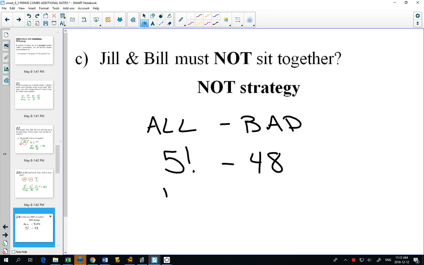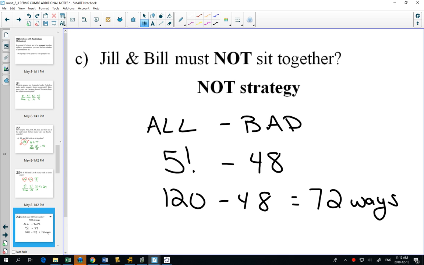So if we do 5 factorial, which is 120, minus the 48, there would be 72 ways where Jill and Bill do not sit together. Lee and Amy might be sitting together, they might not be. But this introduces the idea of a grouping strategy.